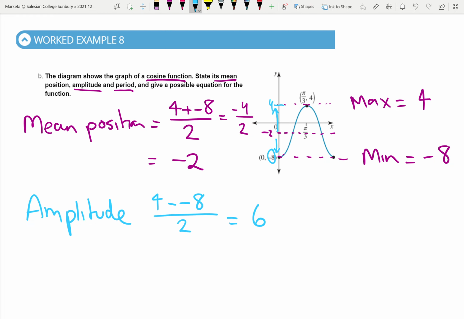So we've got amplitude, we've got mean position. Now we just need the period of the function. There are 2 ways you could go about this. You could say, here is the middle of the cos wave. So that would mean that over to here would be 2 pi on 3. So 2 pi on 3 would be there, and that would be our period.